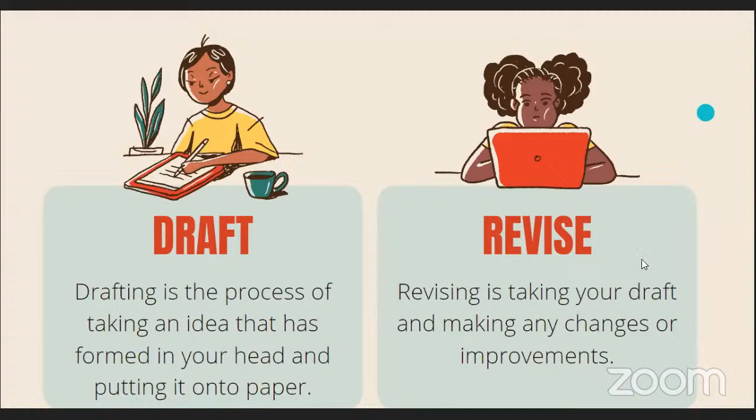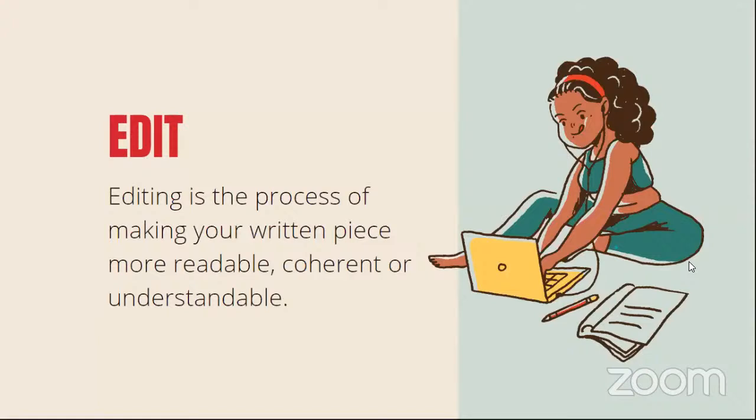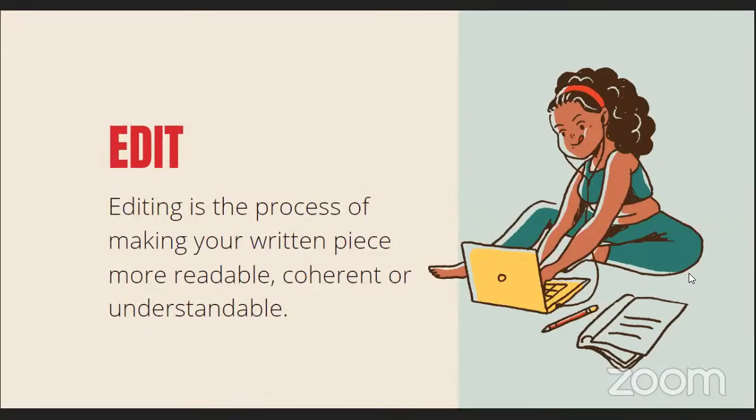After everything, your draft is not ready yet. You would have to revise your draft. From there, you make improvements, make changes, and that's where you can meet your mentor or your reviewer to review your draft. After reviewing your draft, you now go back and edit your writing.